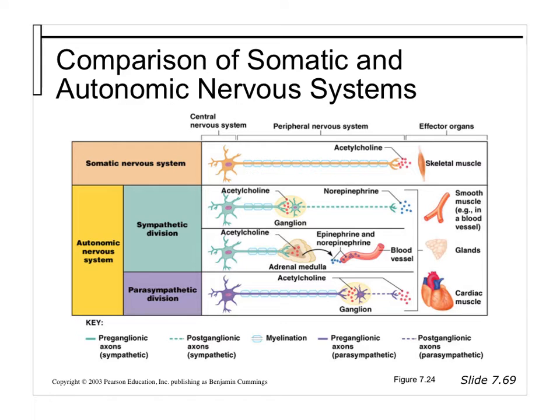Adrenaline is the common name for epinephrine, so that might give you a hint as to what the sympathetic division is doing. And then the parasympathetic division, likewise, is kind of the opposite of the sympathetic. So we'll talk more about those right now. But key thing: skeletal muscle versus everything else that is controlled in the body.